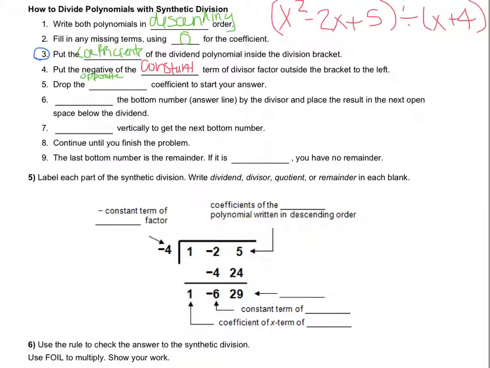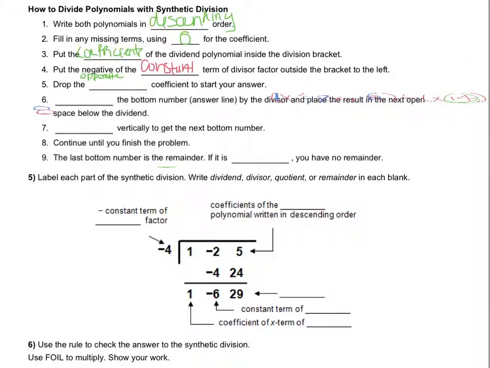Well, my coefficients were 1, negative 2, and 5, and that's where the 1, the negative 2, and the 5 came from down here at the bottom. Then for the next step, it says to put the opposite, or the negative, of the constant term. The constant term is the number by itself, which in this case is positive 4, and I need to put the opposite of that, which is why it becomes negative 4.